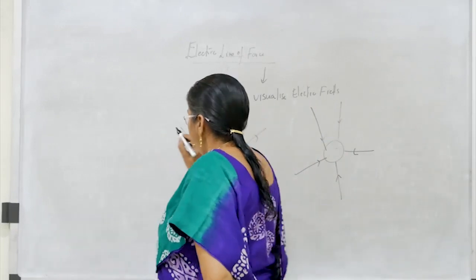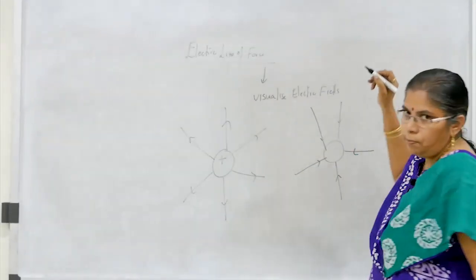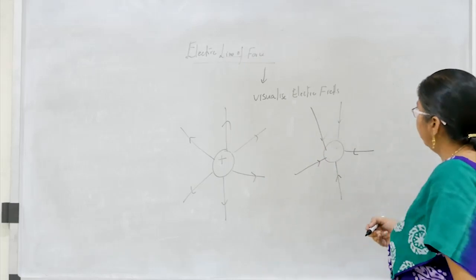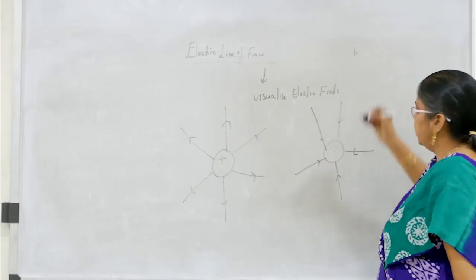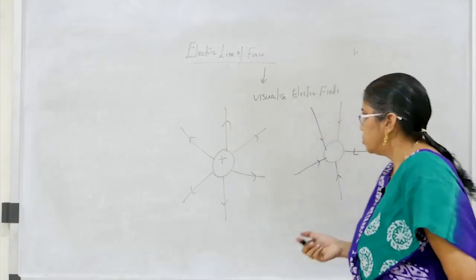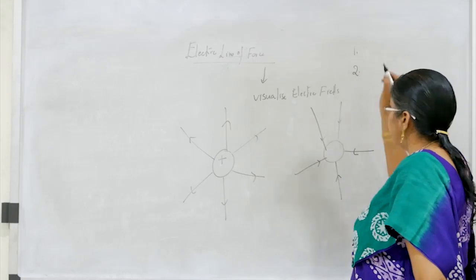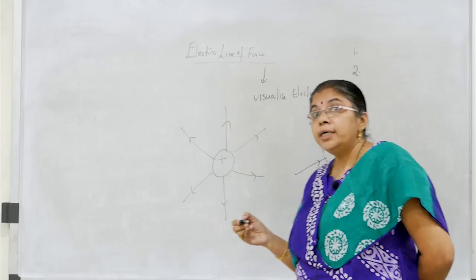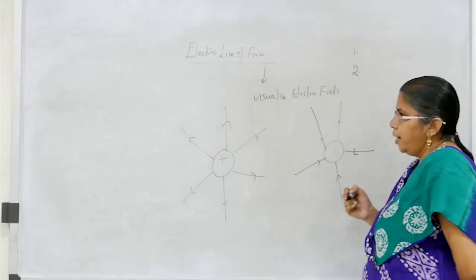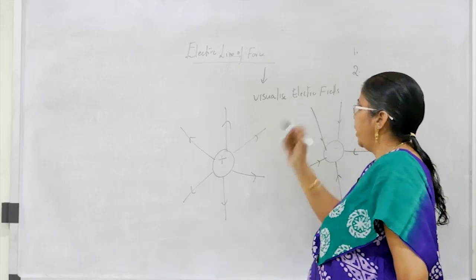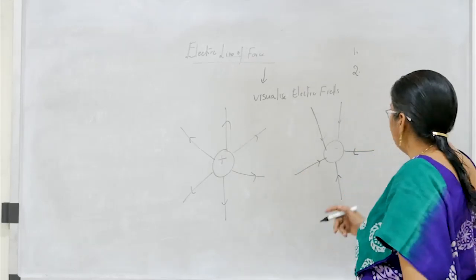So suppose these are electric charges. There are some properties for electric lines of force. First property is they start from positive charge and end at negative charge. Second property is they are always perpendicular to the surface. Third, electric lines of force do not form closed loops.